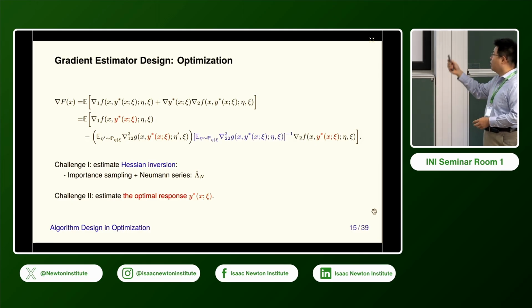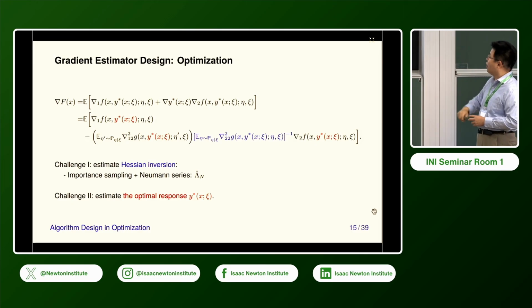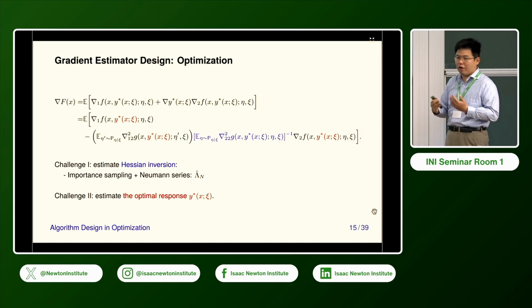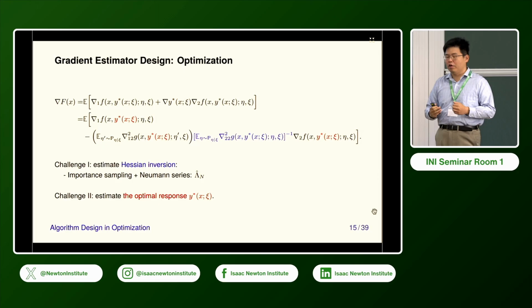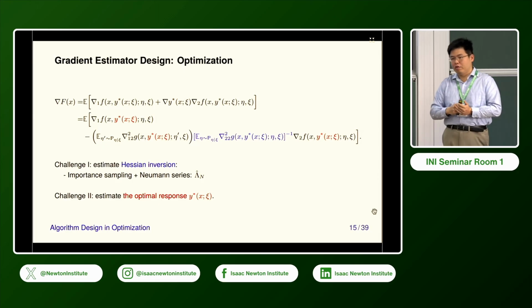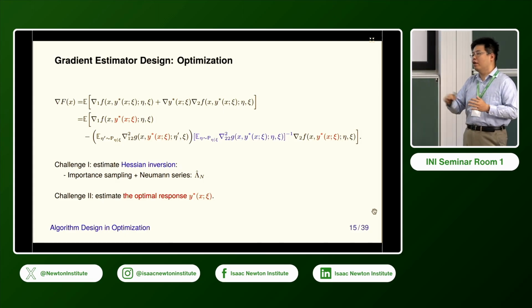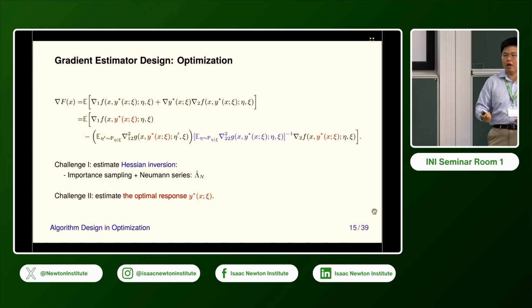For the Hessian inverse part, I'm going to skip it. Basically, what you do is you can first normalize your Hessian inverse. Once you normalize a matrix to be positive definite and smaller than the identity matrix, you can write it down as a Neumann series. And then you truncate at a certain level. Together with importance sampling, you will be able to build an estimator that is good enough.